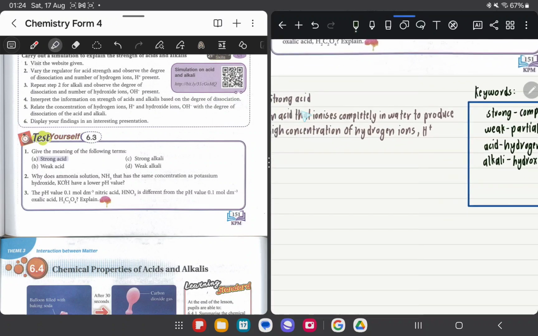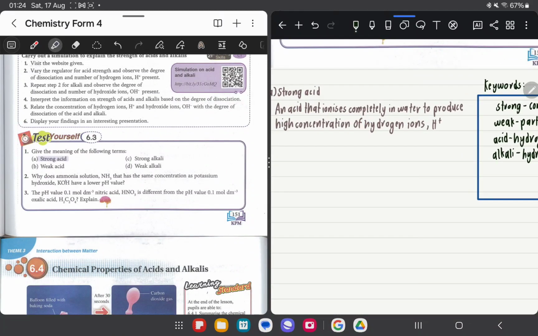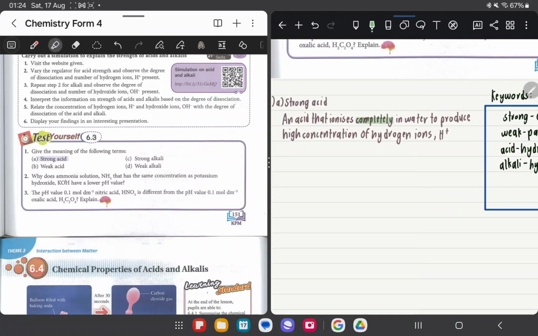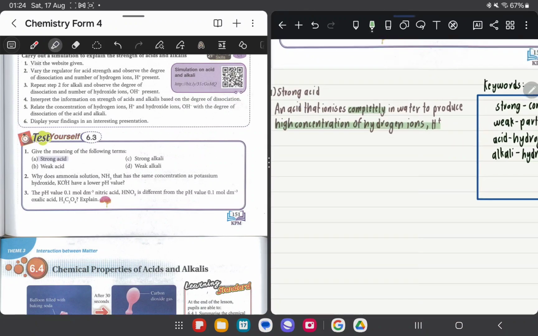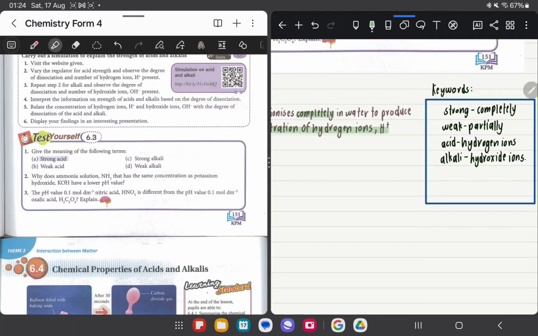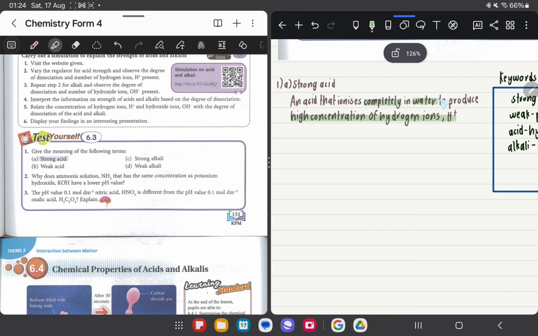So if they say strong acid, your explanation should consist of the word completely. We do have the word completely here. And strong acid produces hydrogen ions, they produce high concentration of hydrogen ions. So another keyword is high also. So these are the three magic words: completely, water, high concentration of hydrogen ions.